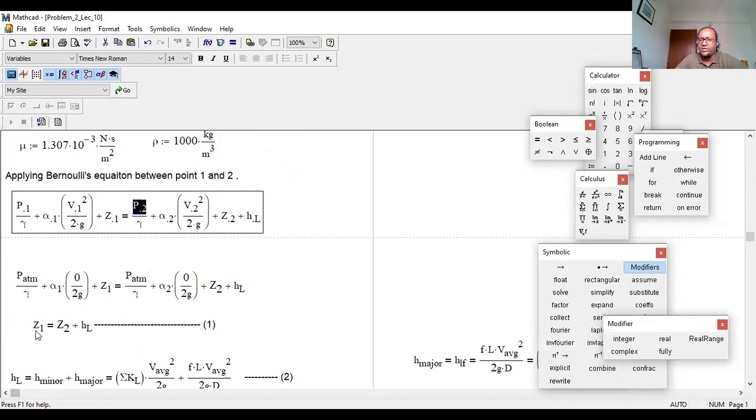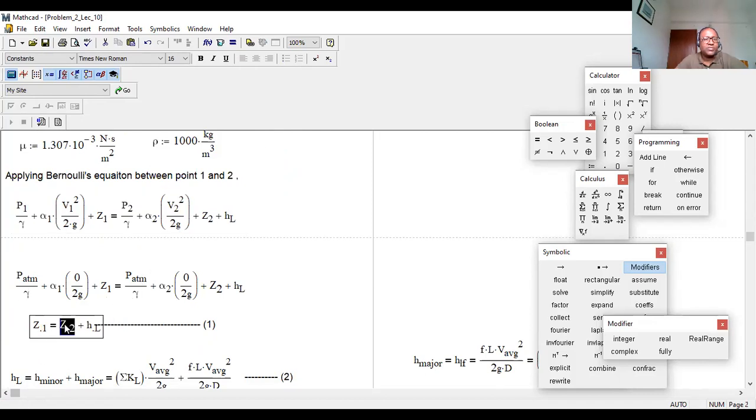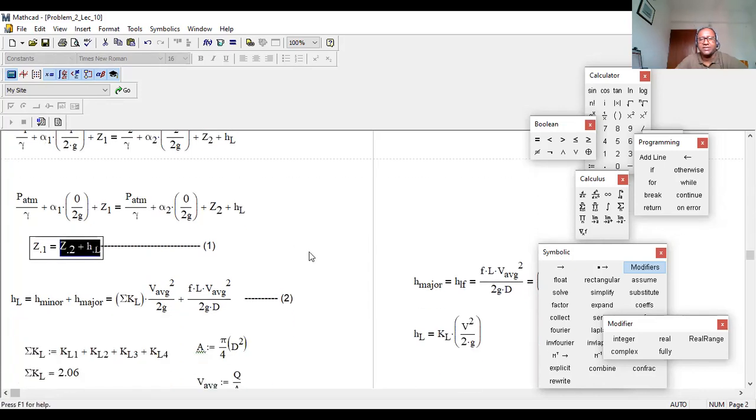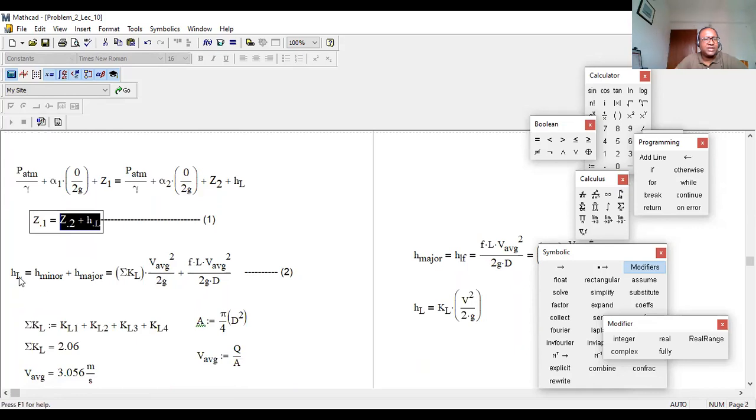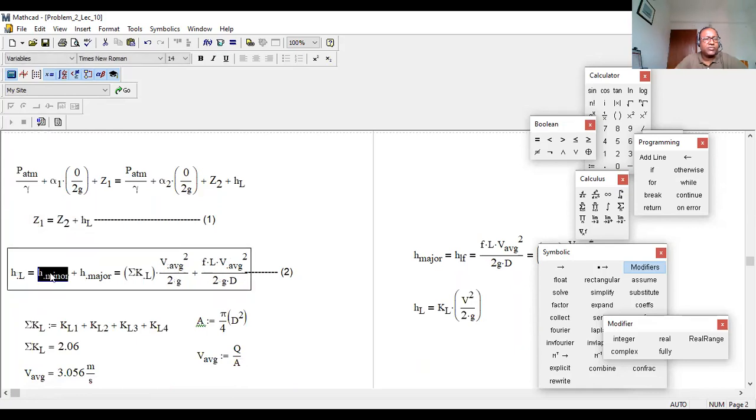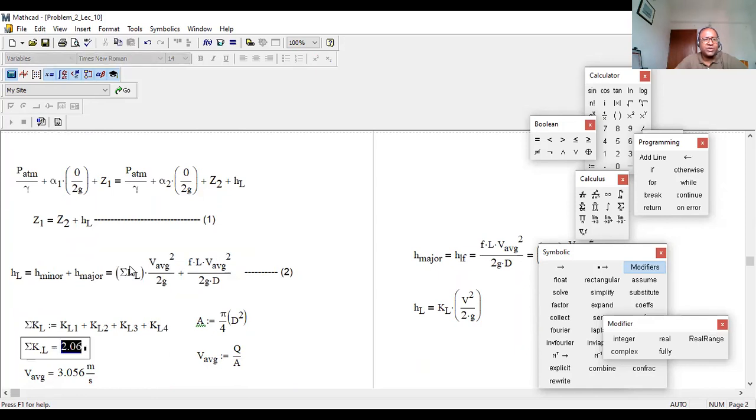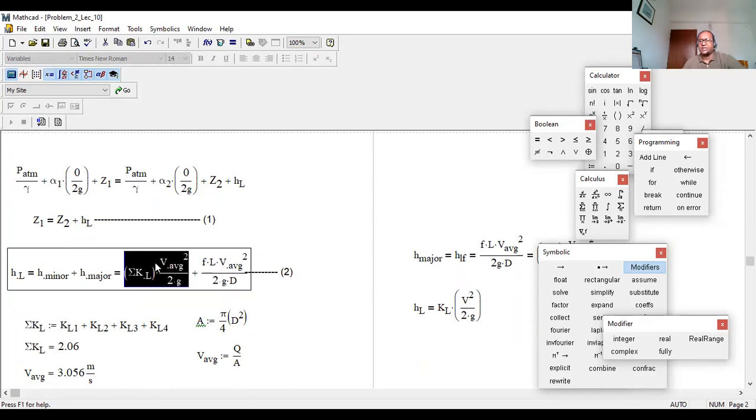So you get Z1 equal to Z2 plus the sum of head losses. Now, how will we get the head loss? This is the head loss, equal to minor loss plus major loss. I will get the minor loss: summation of KL times V average square by 2g, and summation of KL, you just add all of them. So right over here, you can calculate this term.